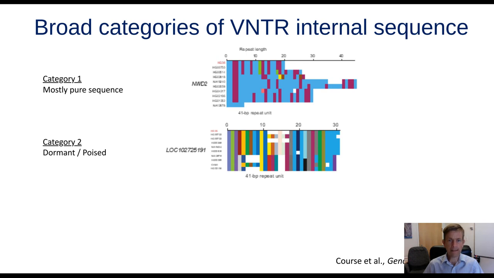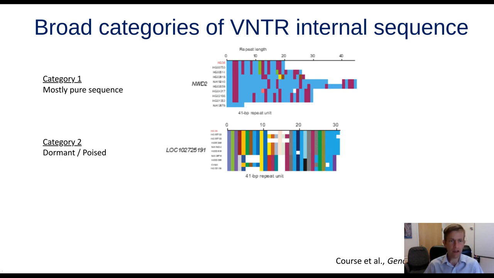When we examined additional VNTR repeats, we found other categories of dormant repeat units. In this case, again, this is a 41 base pair repeat in a gene called LOC102725191 that primarily had about 30 copies of this repeat.